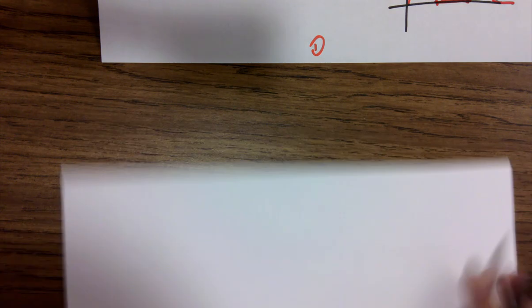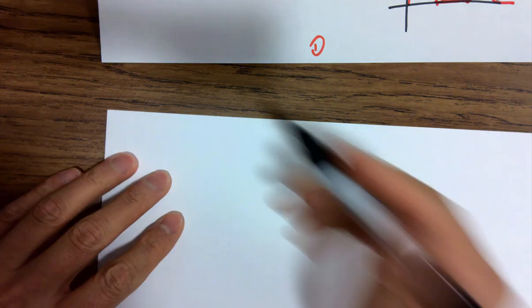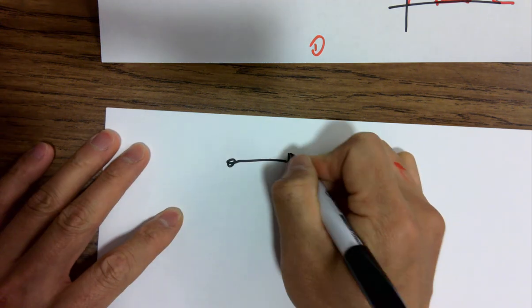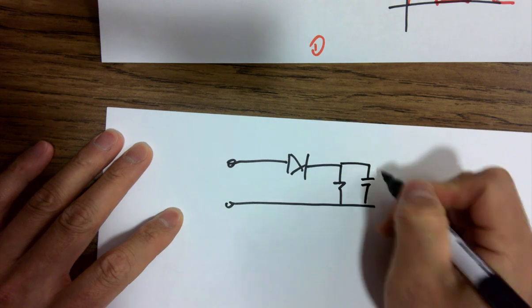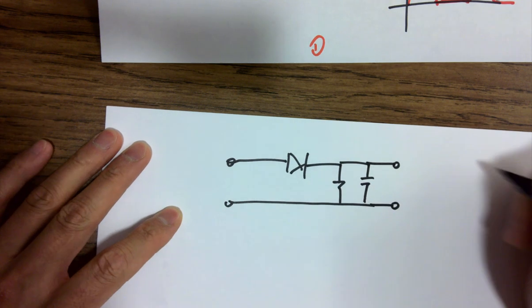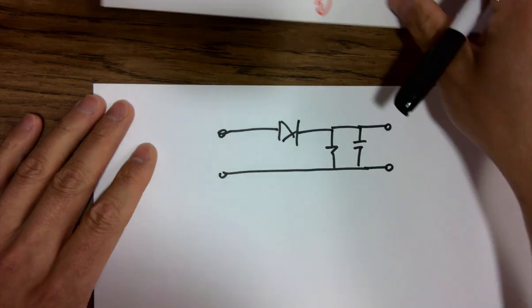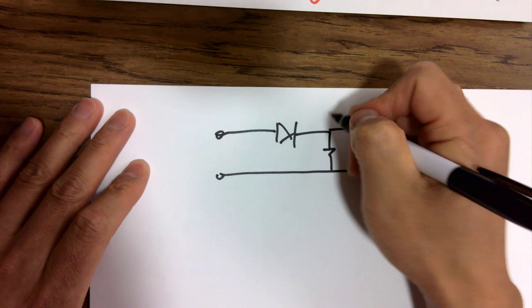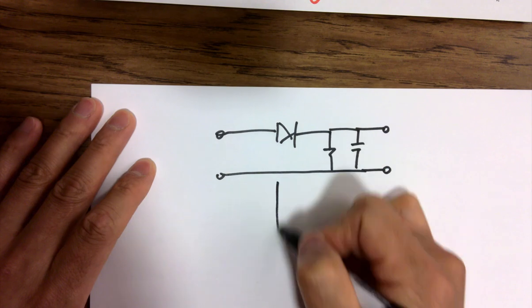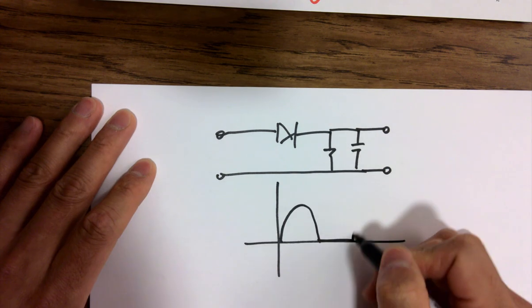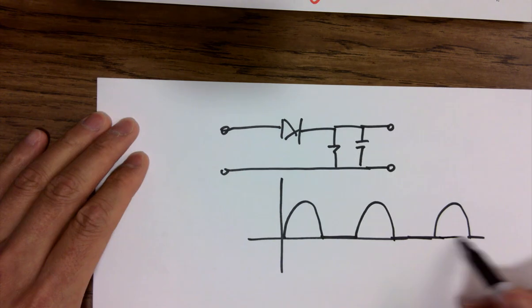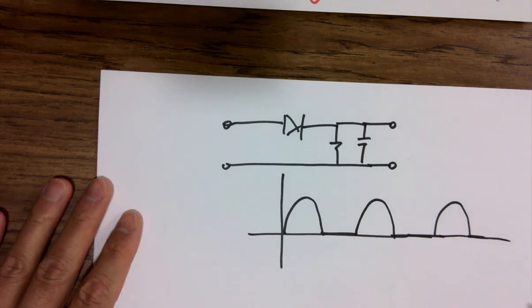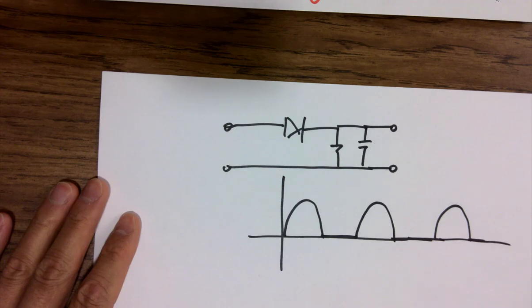If I add a capacitor at the output, we all know that if we don't have a capacitor, it looks like this. Bumps. With the capacitor, what's going to happen and why?